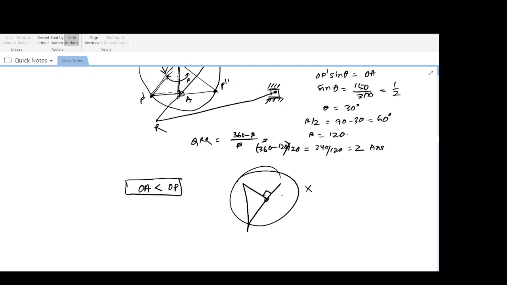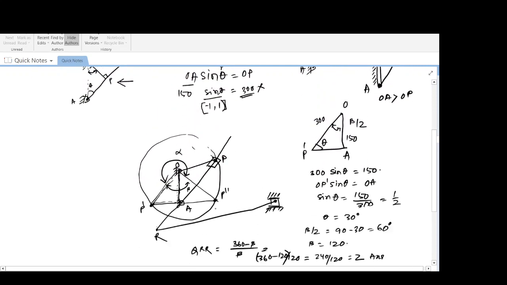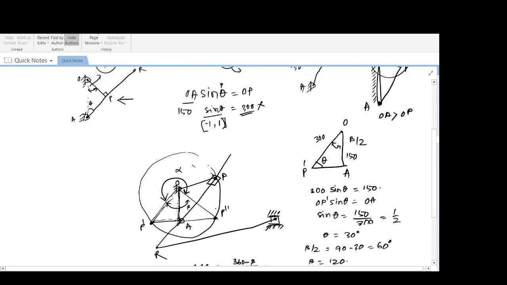That's why for the crank slotted mechanism, we are good to go with this diagram for any kind of solution. But while coming to the Whitworth mechanism, we follow this diagram as the standard diagram for the solution. Hope you understand the differences between the crank slotted and the Whitworth mechanism.